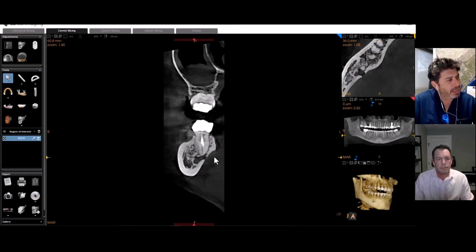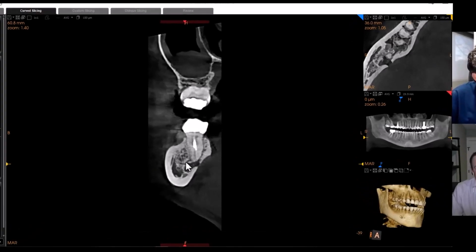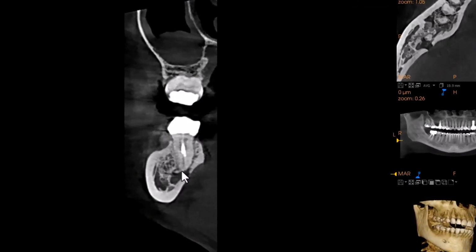And here you see the tooth with this periapical radiolucency, or periapical pathology, that perforates through the lingual cortex into the floor of the mouth, which could yield a submandibular space infection. In this case, it was caught early enough that we did not have a concerning fascial space abscess.